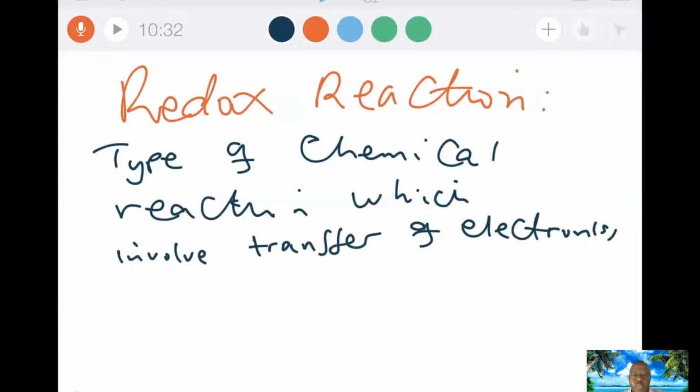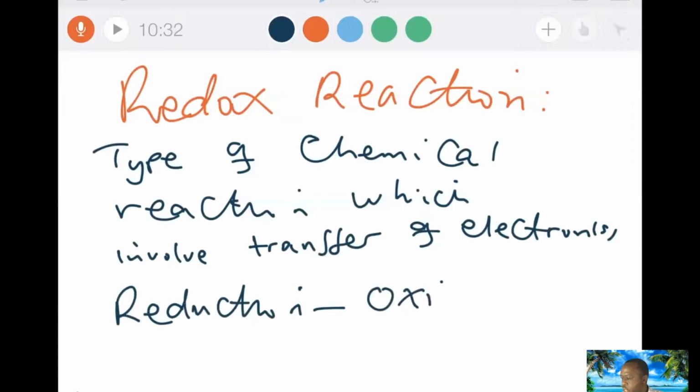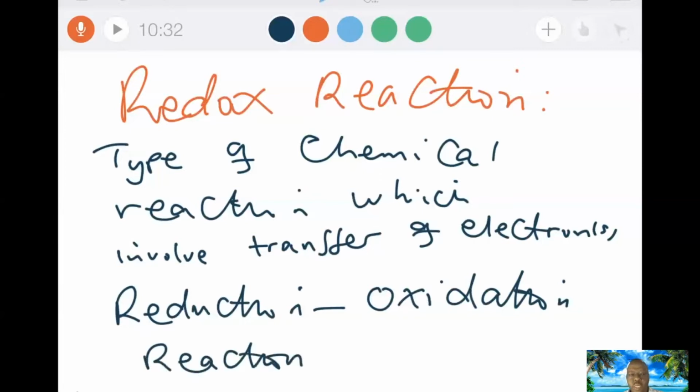We call it redox, or reduction-oxidation reaction. In other words, redox reaction is an abbreviation for reduction-oxidation reaction.